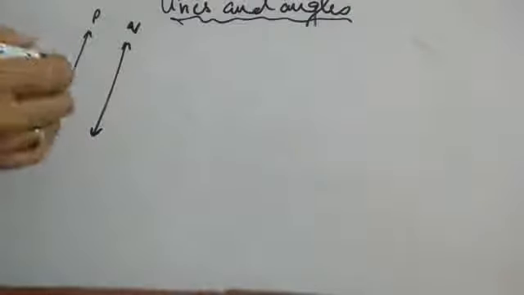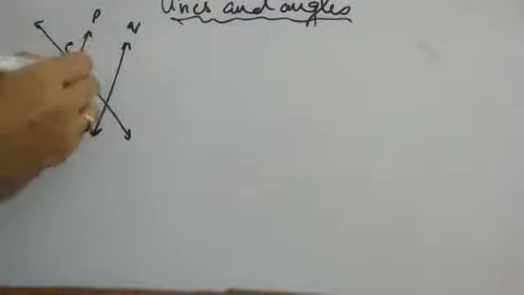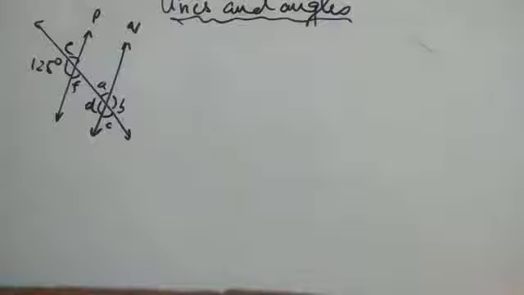Now the third question. See, this is the figure. P and Q are the lines which are parallel, and this is the transversal. This is 125 degrees. You have to find out E, F, A, B, C and D. So let us find out.